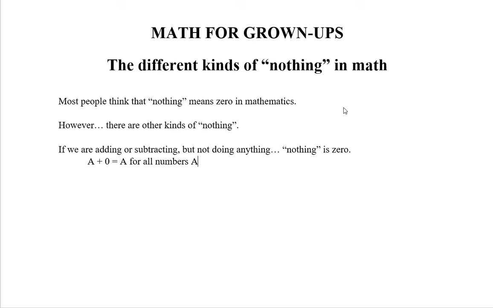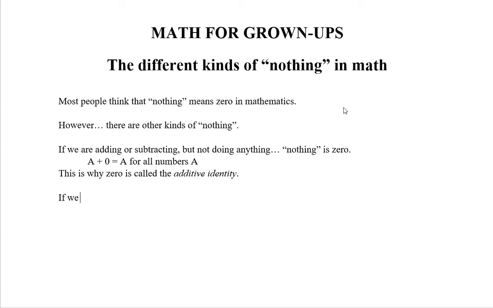You get exactly what it is. This is why 0 is called the additive identity. When you add it, you get the identity of whatever you added it to. Not terribly exciting, and you don't need to know this word for any reason at all.